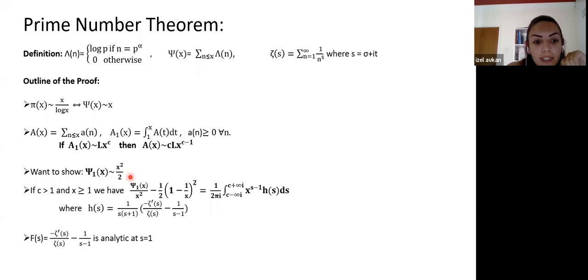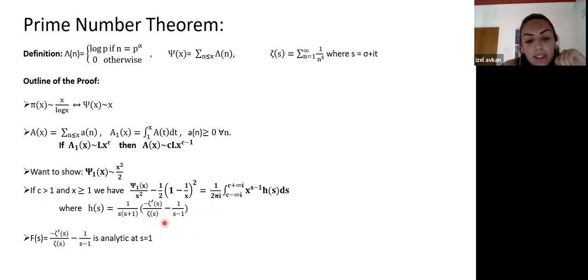And here, after skipping some details, for c greater than 1 and x greater than or equal to 1, we have the following equality. And we want this equality to hold also for c equal to 1. To do this, we need to study the zeta function in the neighborhood of the line sigma equal to 1. And actually, this is the most technical part of the entire proof.